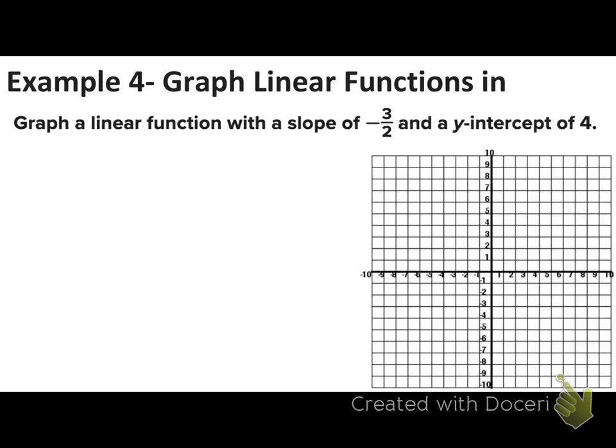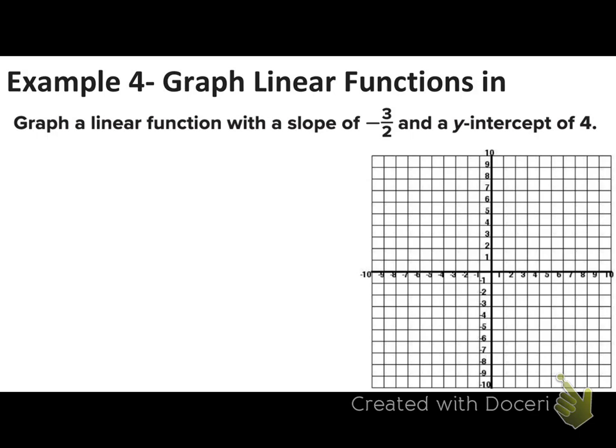Graph a linear function with a slope of -3/2 and a y-intercept of 4. Anyone know how to graph given the slope and the y-intercept?